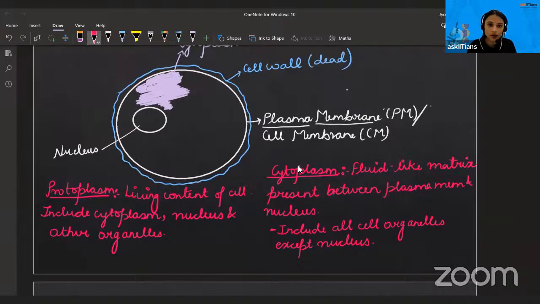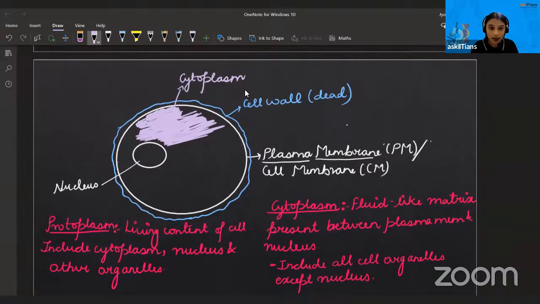And so what I was saying, here you will observe this jelly-like or fluid-like matrix is present. In this matrix, all the other organelles are present, and this matrix is known as cytoplasm. So in the cytoplasm, you will observe all the organelles other than the nucleus.